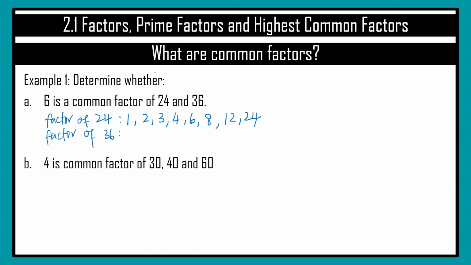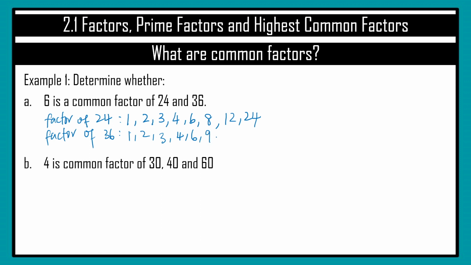The next one is to list out the factors of 36. We have 1, 2, 3, 4, 6. Remember, we only need to list 6 once.